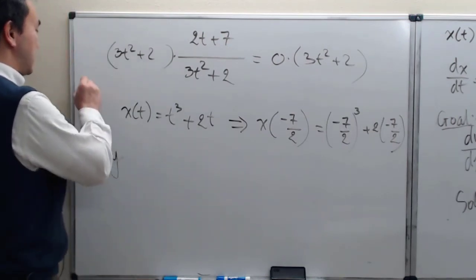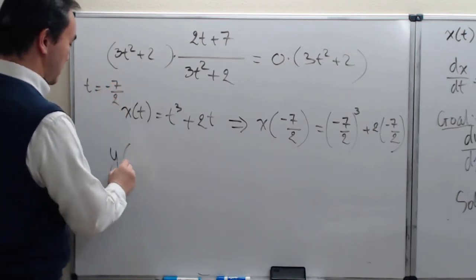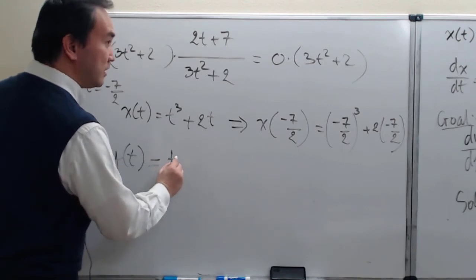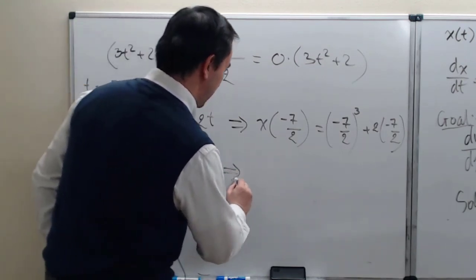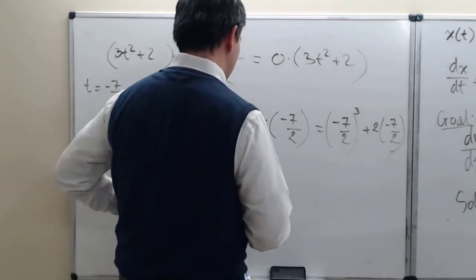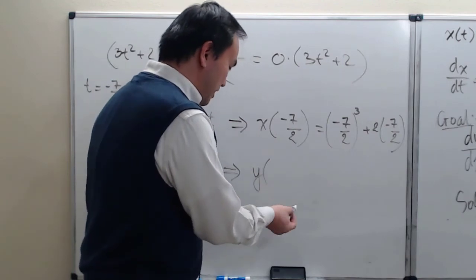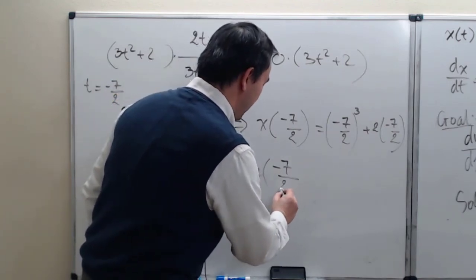When time equals negative 7/2, then y of t, recall, is t squared plus 7t. So our y coordinate for that point where the tangent becomes horizontal is y at negative 7/2.